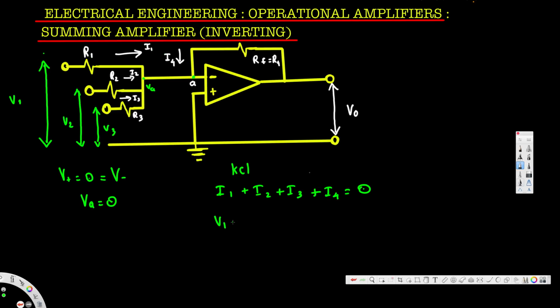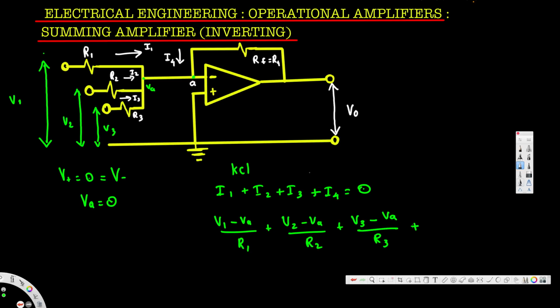So V1 minus VA divided by R1, plus I2, which is V2 minus VA divided by R2, plus I3, which is V3 minus VA divided by R3.